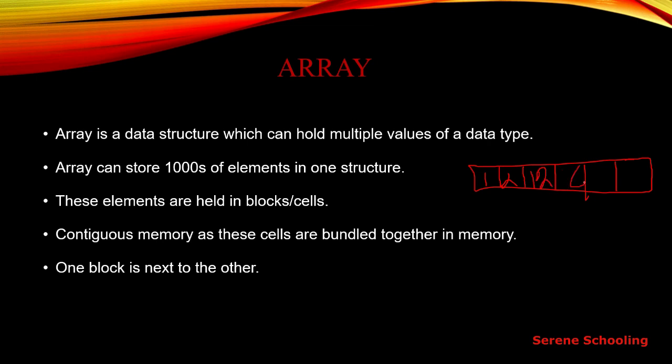This is how arrays are allocated. Suppose this contains 6, this might contain 40, and this might contain -2. As you are seeing here, you can store any integer in these arrays.